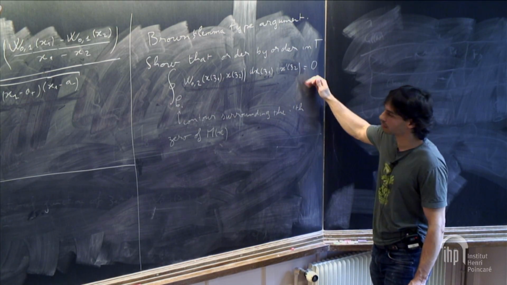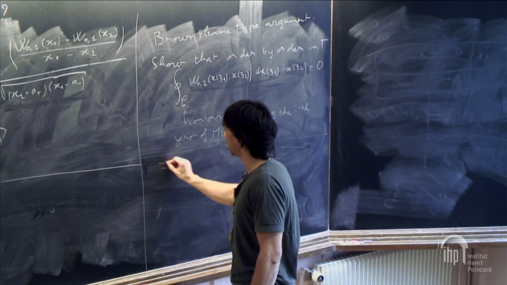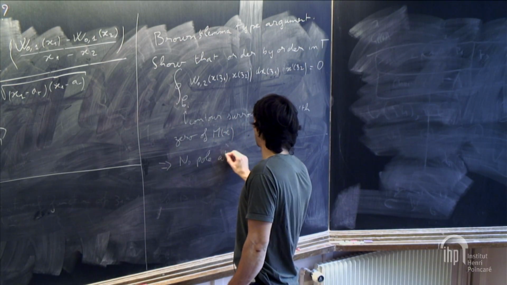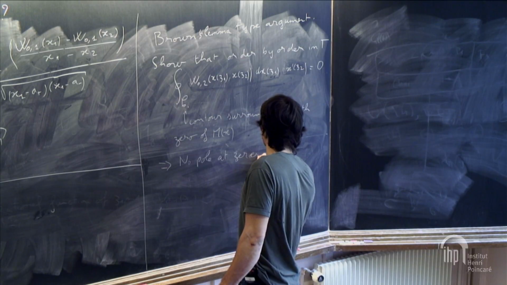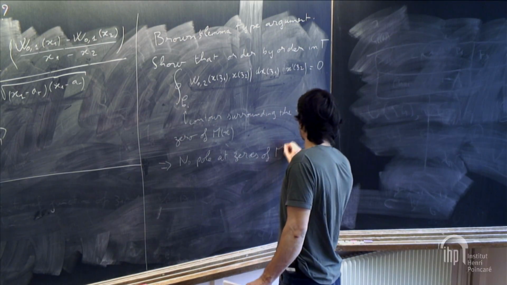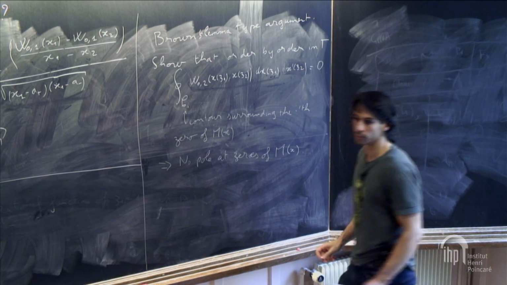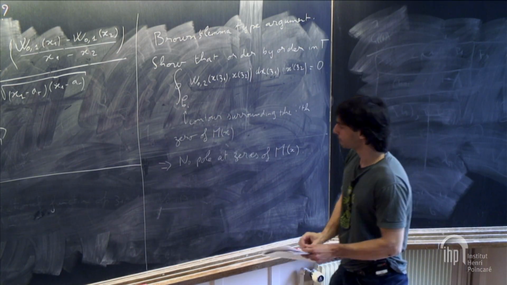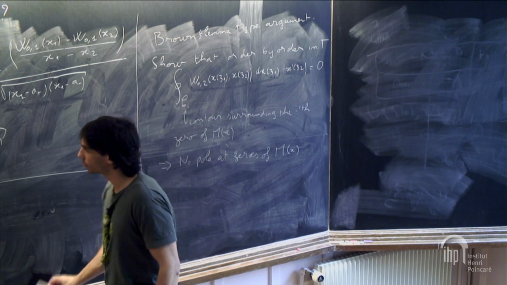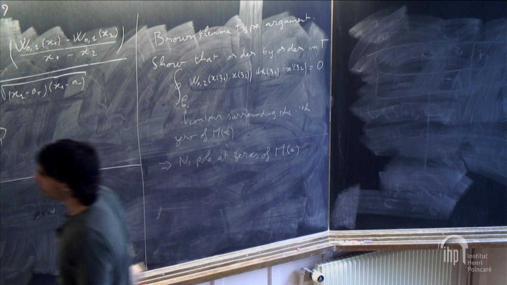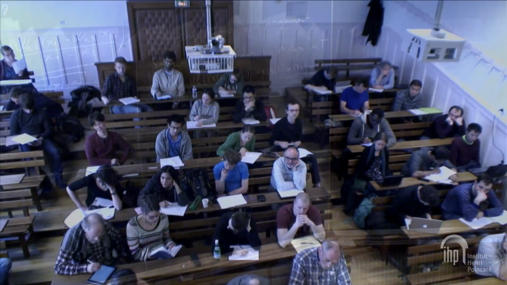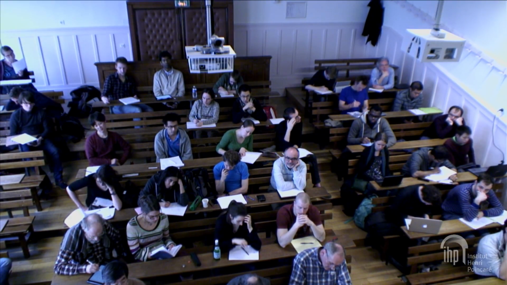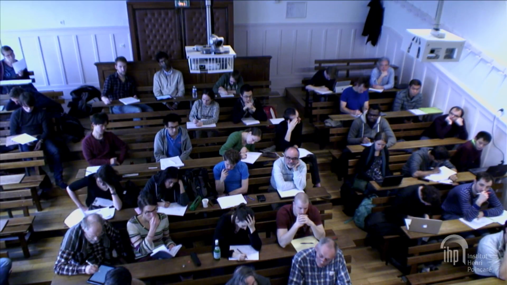And because of this condition, you don't have any pole at the zeros of m of x. And then I cannot have any other pole, actually. So it really shows me that I've got this lemma, which is satisfied.